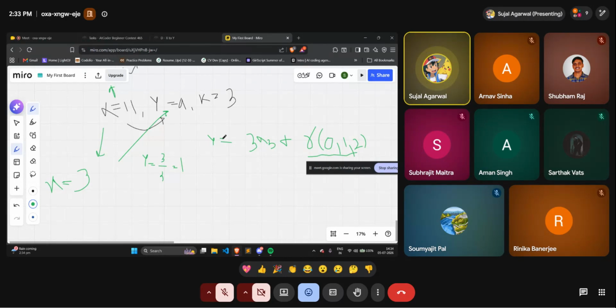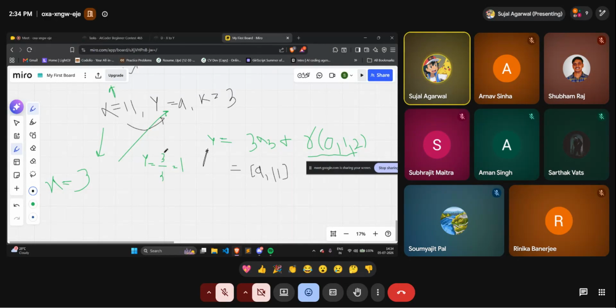So our number y can be within this range, right? So it would be 9 plus 0. The minimum value would be 9, and the maximum value would be 9 plus 2, 11, right? So our new y is within this range.